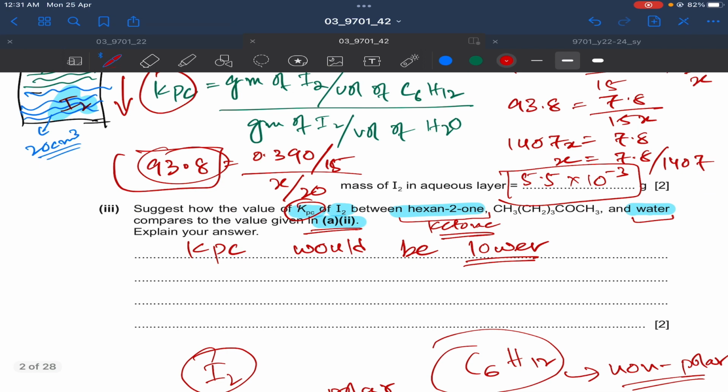So the reason is that hexan-2-one is more polar, right?